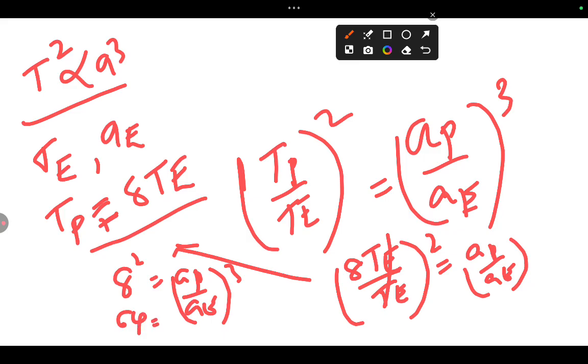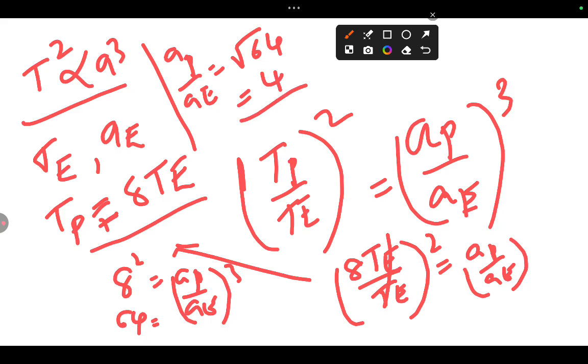So now you can understand the ratio. The question is, which one of the following is correct? So Ap/Ae equals the cube root of 64, which is nothing but 4. So your answer for question 91 is that the semi-major axis of the planet's orbit is 4 times that of the Earth. So 91 is option D.